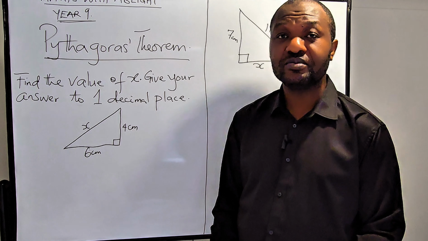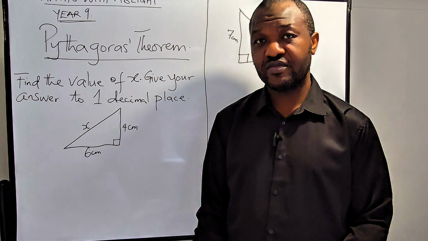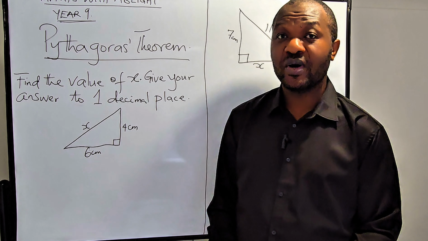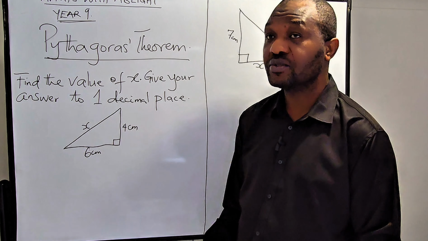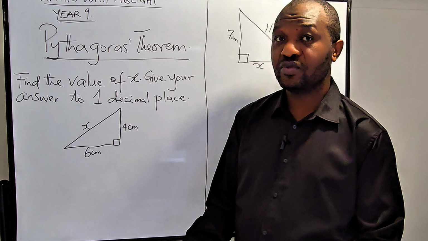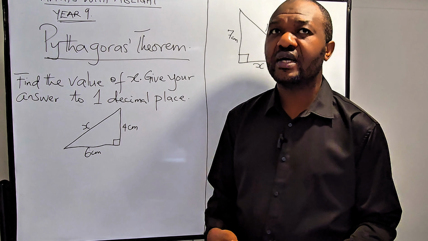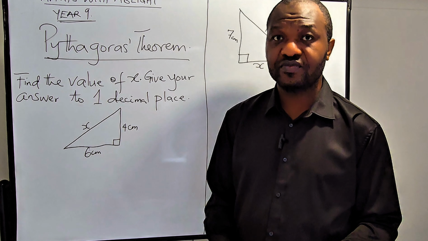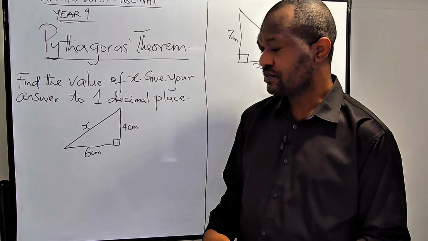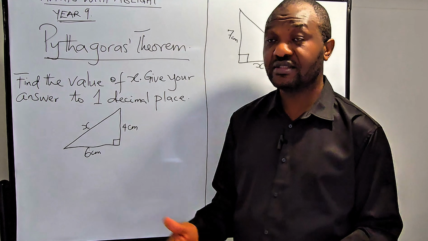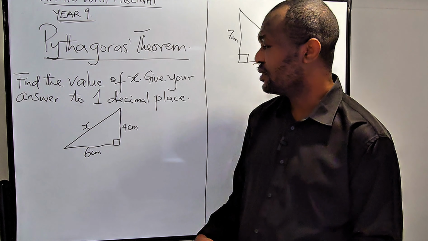The other two sides could be the opposite or the adjacent, depending on what angle you are considering. And I told us that a right-angled triangle is just one of the types of triangles that we've got, called the equilateral, the scalene, the isosceles, the right-angled triangle, and so on.